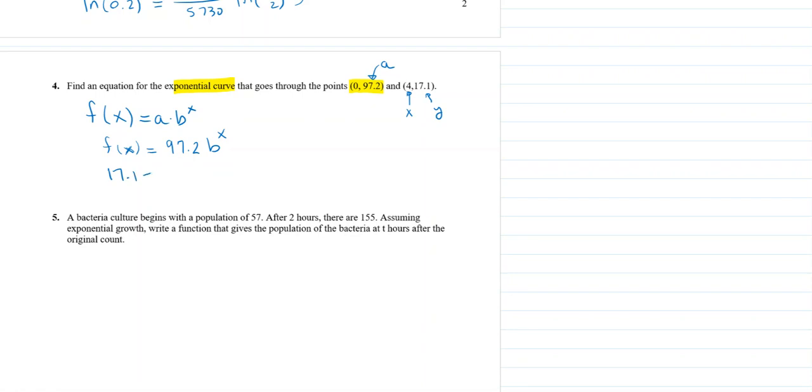17.1 equals 97.2 b to the power 4. How do we solve this equation? You want to get that b to the 4 by itself first, so we'll divide both sides by 97.2. And do not round that, just write down exactly what you see.